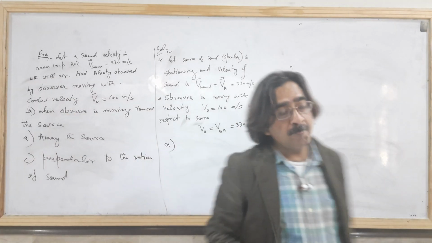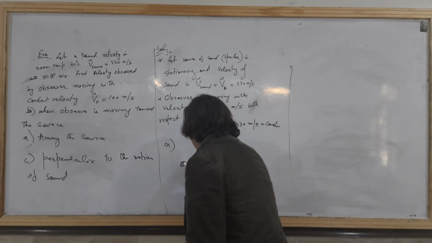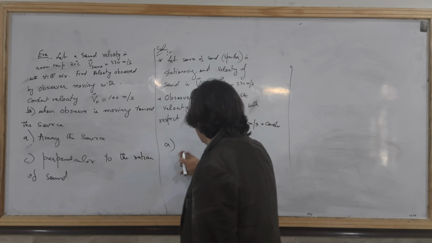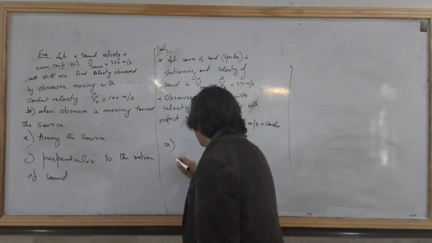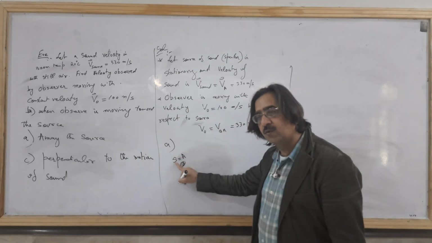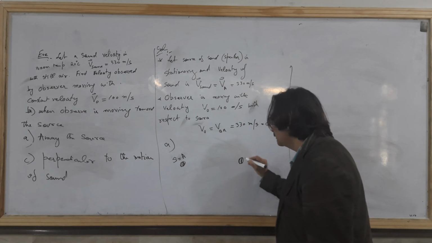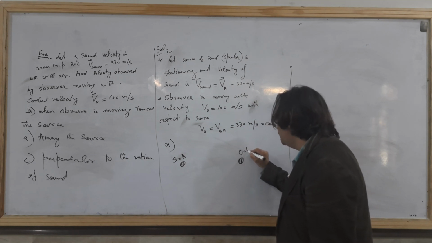According to the figure, this is A, the source, S means source, and the observer is B.